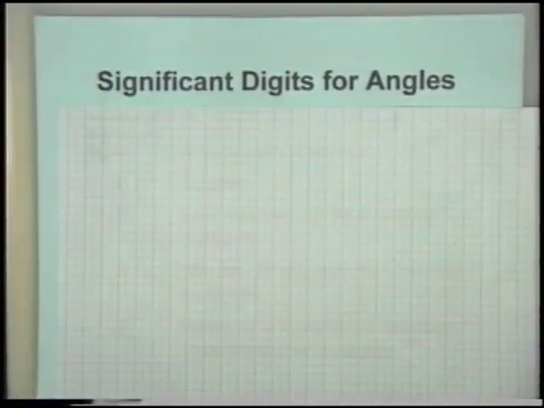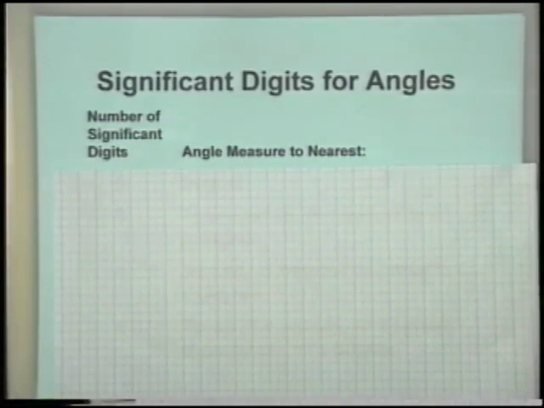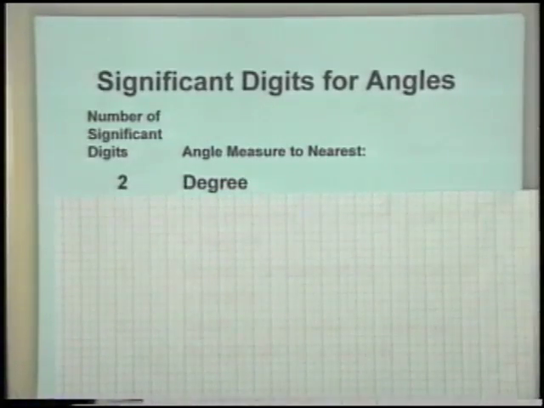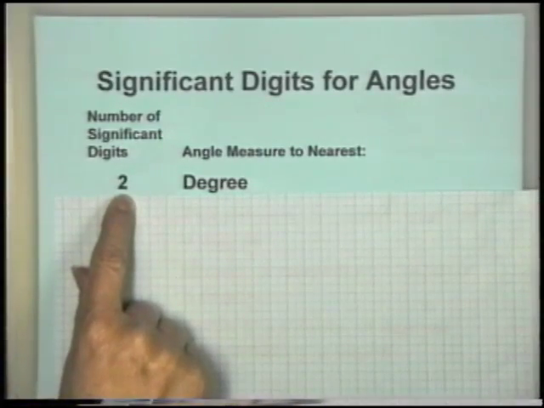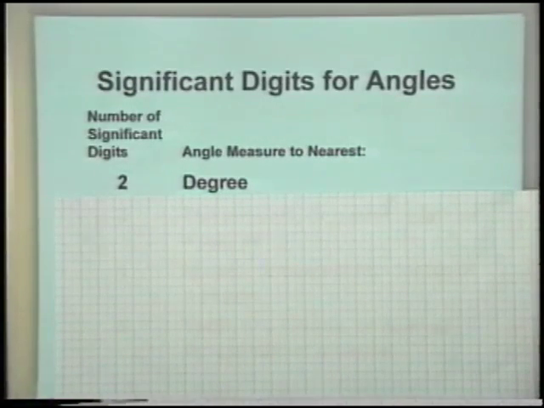Now what I'd like for us to do is to look at how we determine how many significant digits to round an angle to. Significant digits for angles. If we want to round an angle to 2 significant digits, then it should be rounded to the nearest degree.